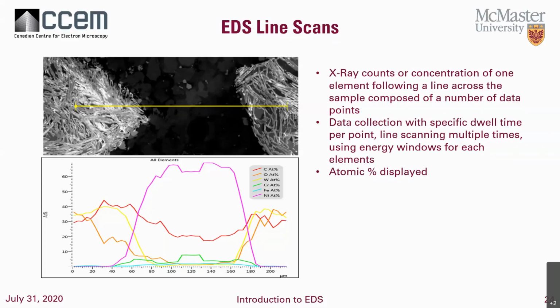Now here, instead of the counts of X-rays like we did in the map, I've actually converted to atomic percent, so we can have more of an idea of what we're actually looking at. Here you can see there's a fairly high atomic percent of carbon. This isn't because of the coating. This is because this material is actually a carbide material, so there is a lot of carbon in it.